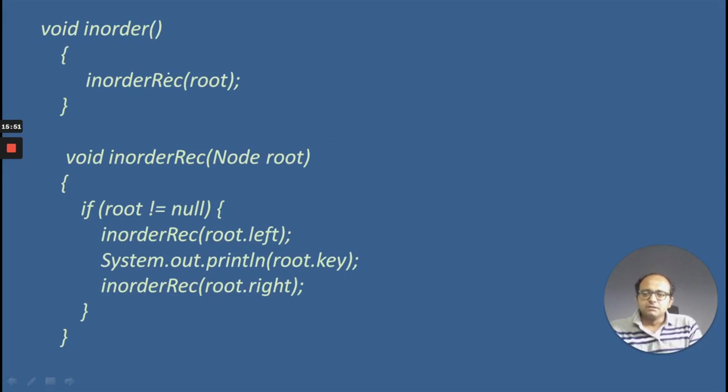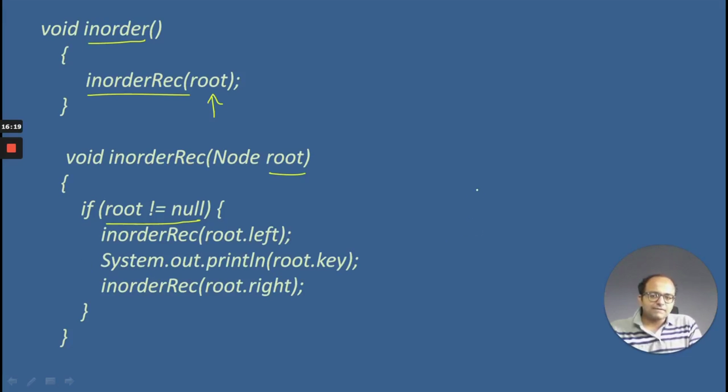So next, this is for in-order traversal. Again, the inorder function is calling inorderRec, which takes a parameter root, because we want to compute the in-order traversal for the binary search tree by passing root as the parameter. Whenever root is not null, it is going to display the entire in-order traversal.